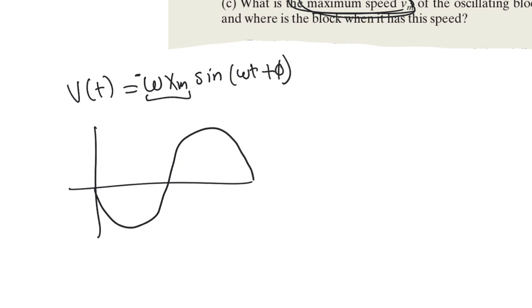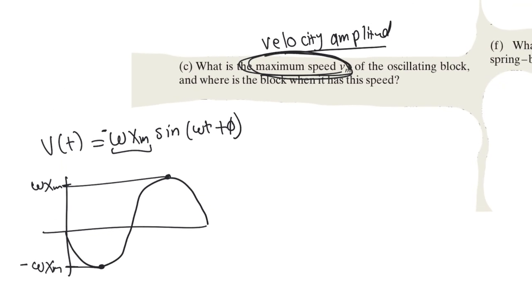And the maximum velocity is always here and here, and here is the amplitude, which is omega xm, but with the minus. So the maximum velocity is always the value of the velocity amplitude, because the highest point in the velocity corresponds to the velocity amplitude.